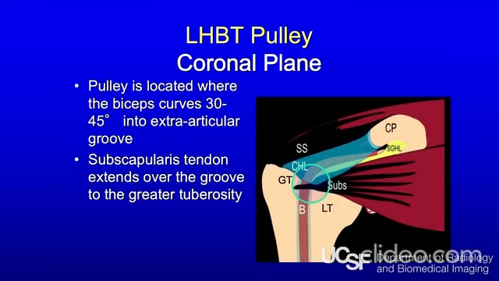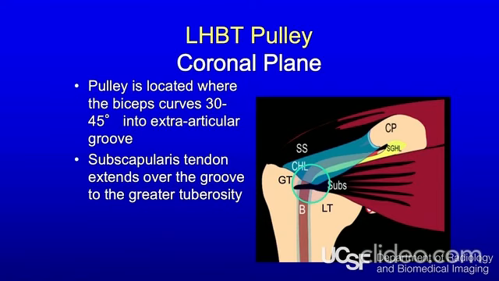And then we get to that pulley area, which has got a green circle here. And again, that's where your biceps starts to go about 30 to 45 degrees into the groove. And notice again, the subscapularis going over that groove to the greater tuberosity from the lesser tuberosity.